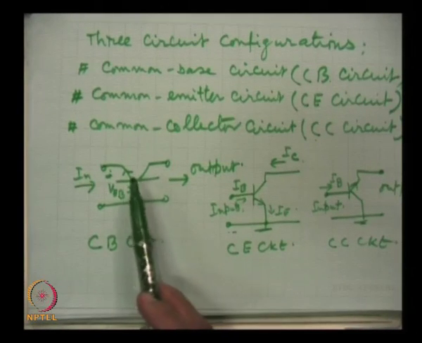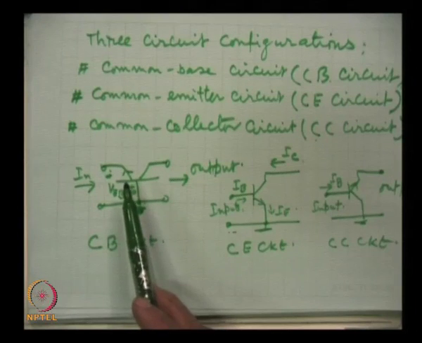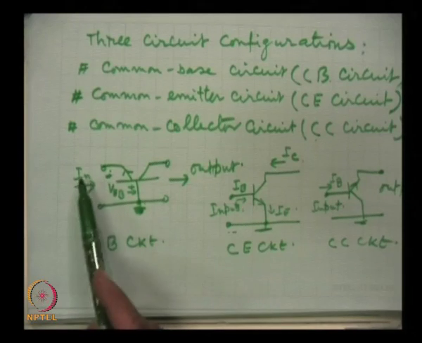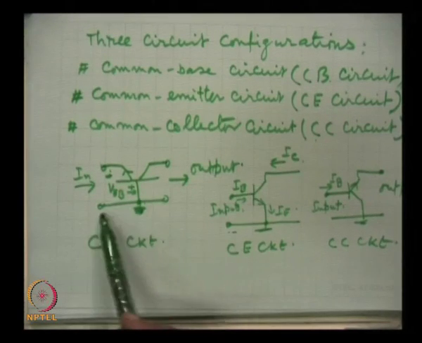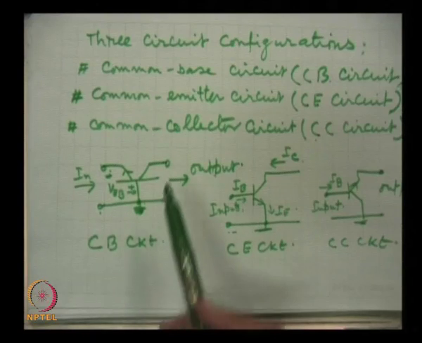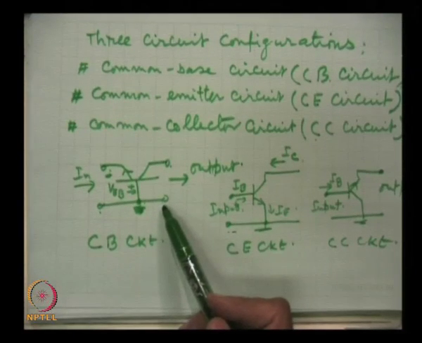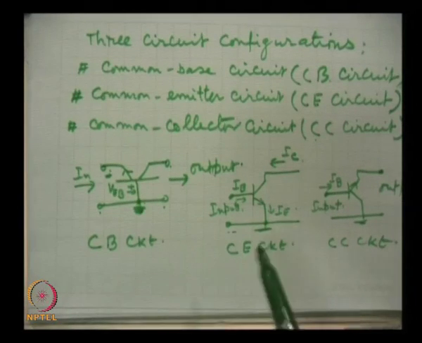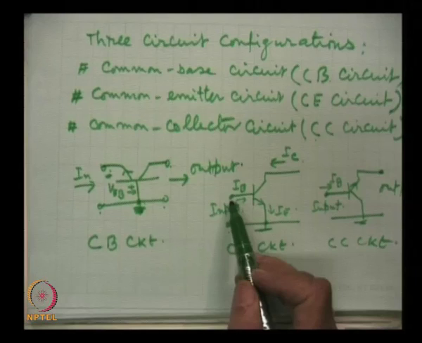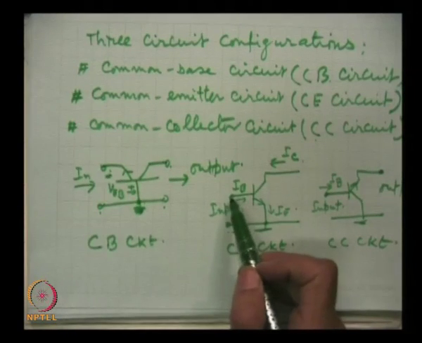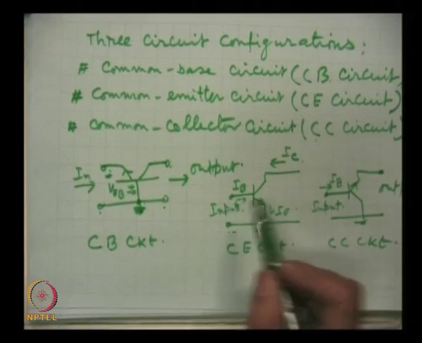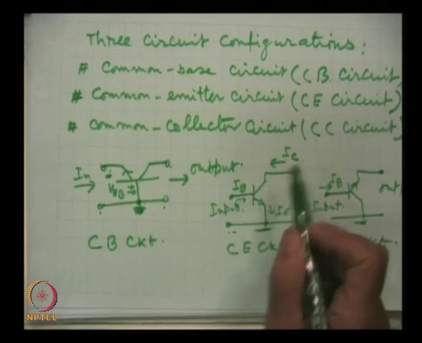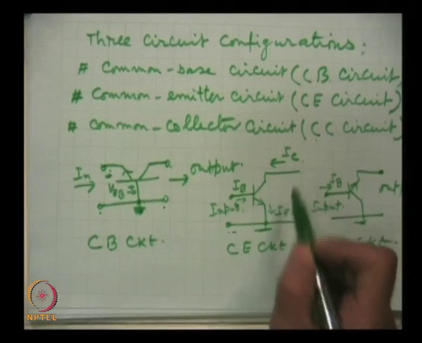Now, the same transistor can be used in three different configurations. As I said, if the input we are giving between the emitter and base, and output we are taking from collector and base, then it is common base circuit. The other circuit, where the input is connected between base and emitter, and output is collected from the collector with respect to ground.